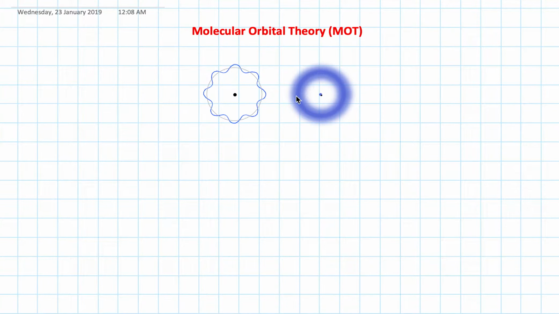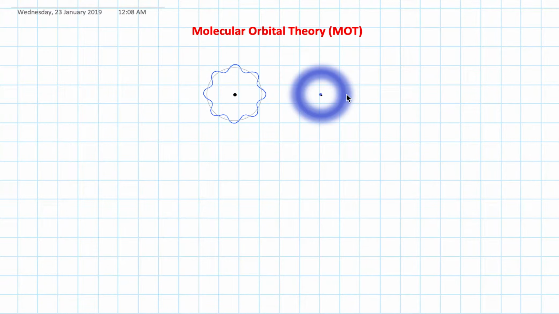The electron density, for example of an s orbital, is spherical in shape, and in cross section it could be shown this way. If this is the nucleus and we move away from it toward the outside, there is no electron density for a while, and then at a certain distance a little electron density appears.